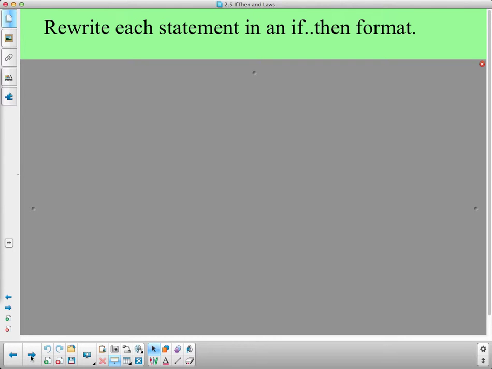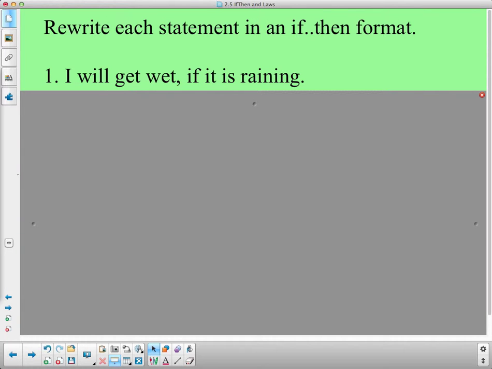Now some sentences are not really in an if-then format, but if we can put it into the if-then, then it's real easy to pick out the hypothesis and conclusion. Can you see on the green background here? It says, I will get wet if it is raining. Now, do you see the word if?